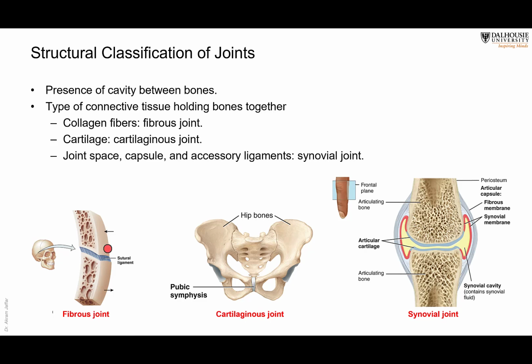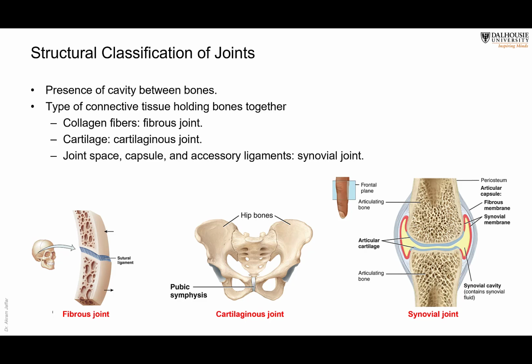And then the second type is that there is a fibrocartilage in between the articulating bones, for example here, and this is called a cartilaginous joint. So there is cartilage, not always fibrocartilage, but there is cartilage, so it is called a cartilaginous joint. Again, most of these joints are slightly mobile, for example the joints between the vertebrae in the vertebral column, the intervertebral disc.